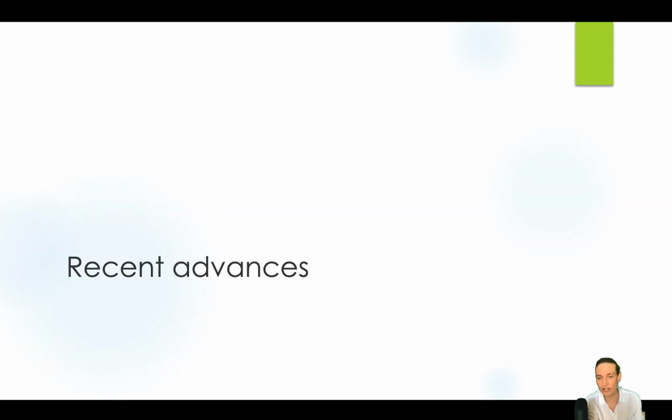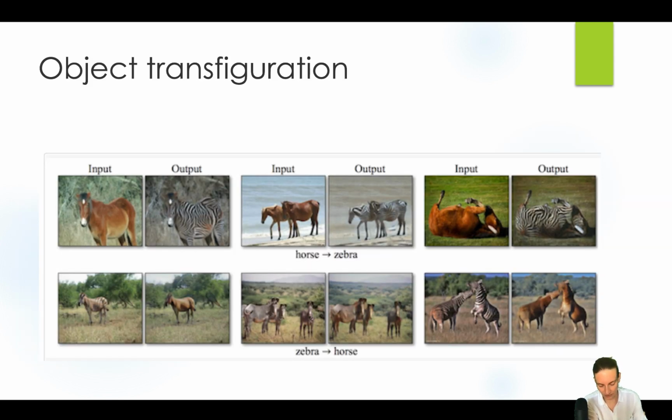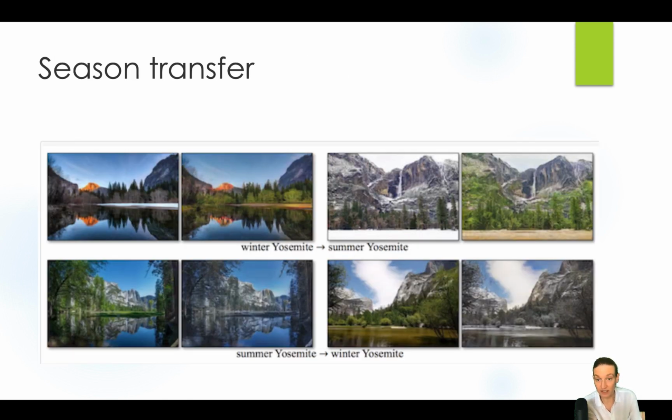Let's explore some recent advances in the field of generative models. We've all heard of style transfer, which can come in the sense of object transfiguration. In this case, we're going from horses to zebras, a very popular example. It's not really called style transfer, but object transfiguration. We have season transfer, going from wintertime to summertime.